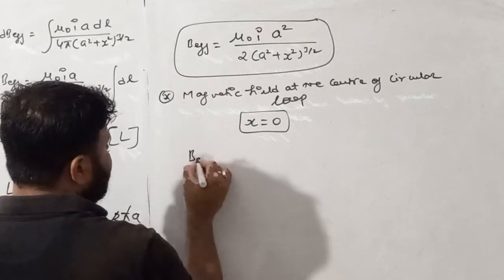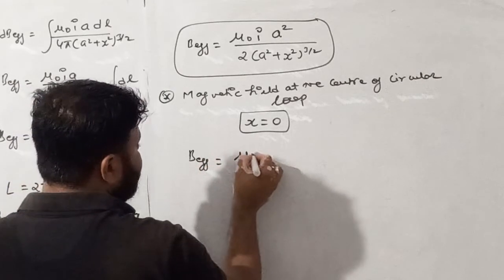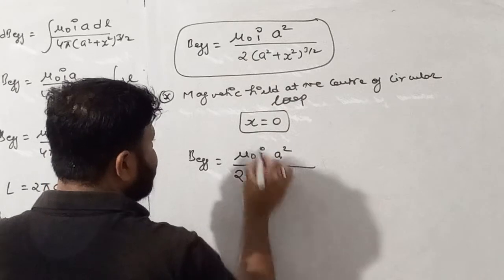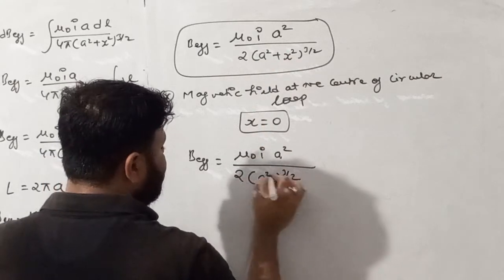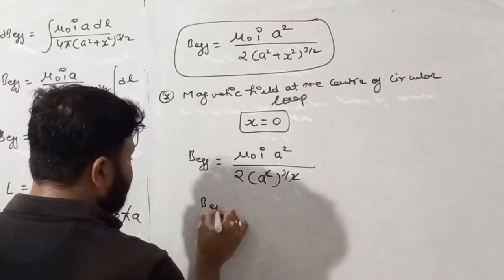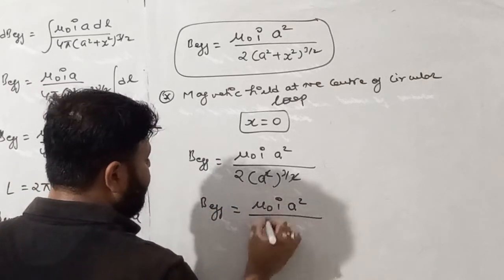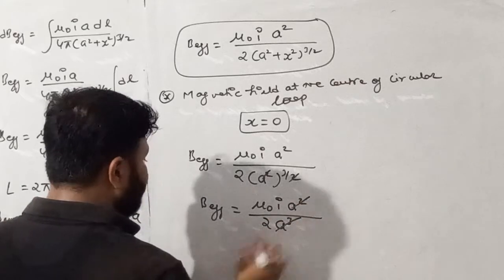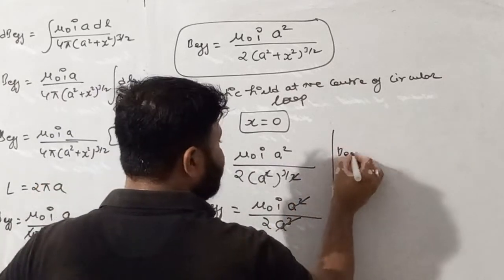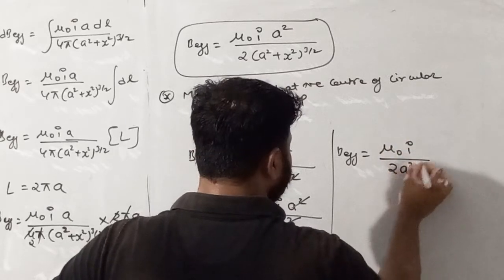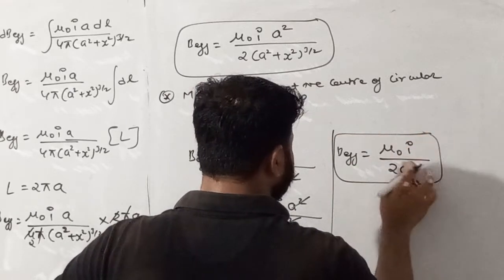So B effective is equal to mu naught I a square over 2 a square. The value of x becomes 0. 2 gets cancelled. So B effective is equal to mu naught I a square upon 2a cube. This will be cancelled. So B effective becomes equal to mu naught I by 2a square. I'm sorry, 2a.